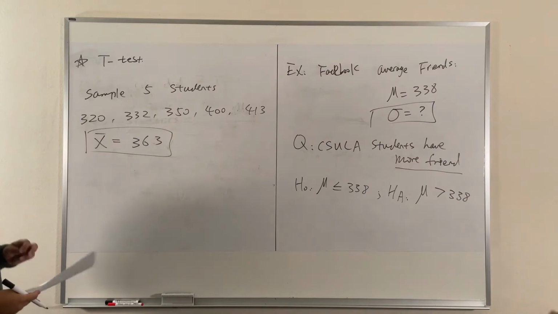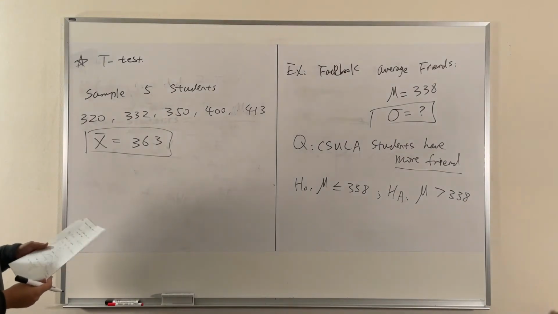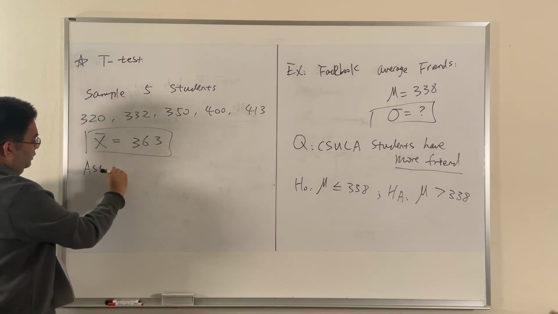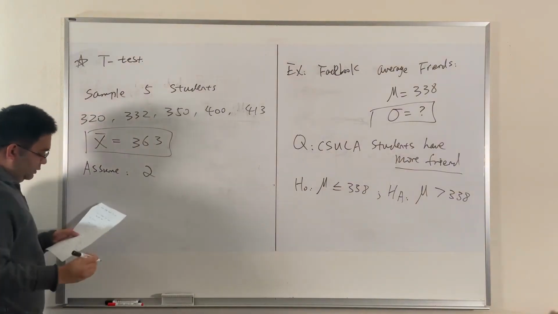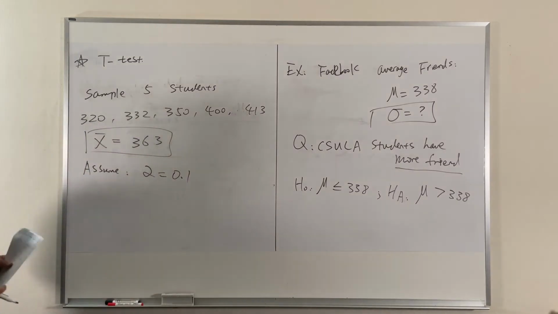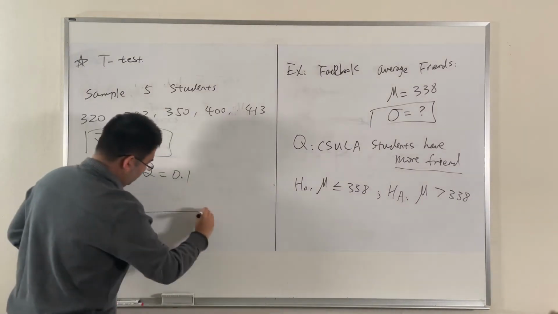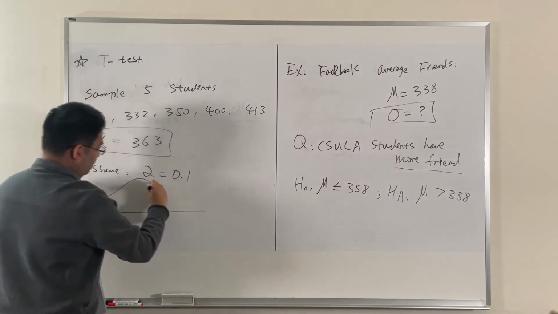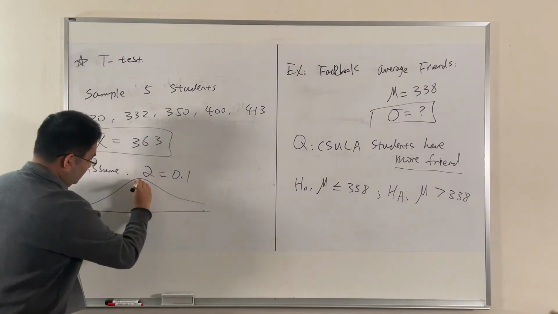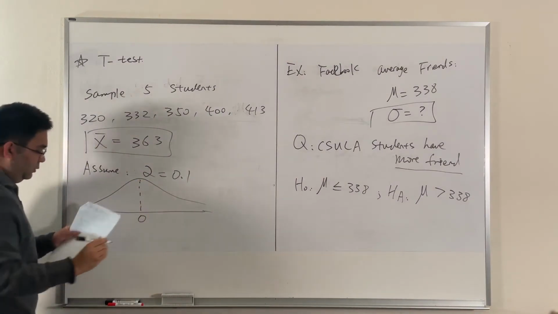Okay, so what we want to do here, let's say we want to do our significance level equals 10% or 0.1. So what we're doing, if we look at the standardized normal, zero is in the middle.